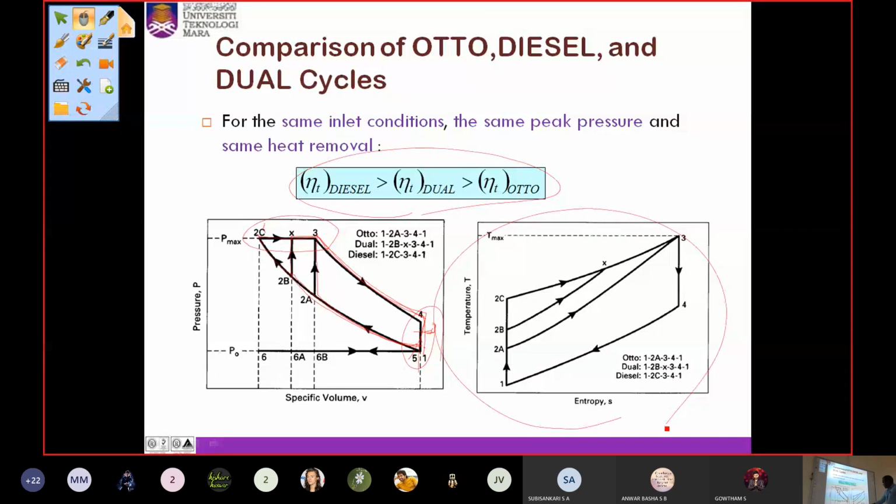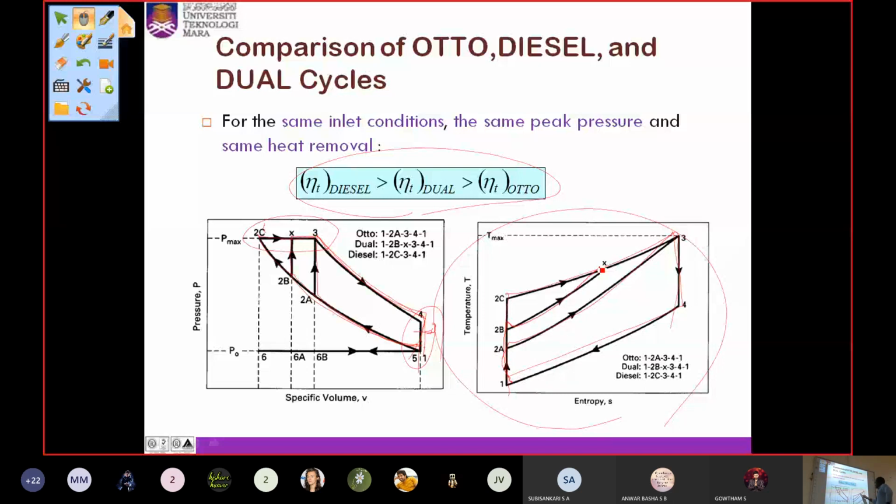Also, we can compare that by TS diagram. So this is your auto, this is your diesel, then this is your dual.